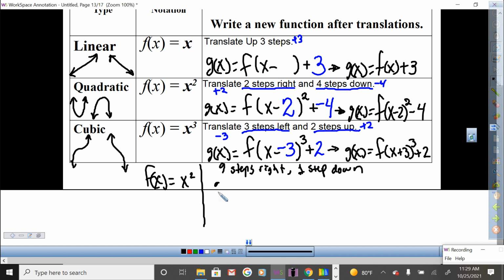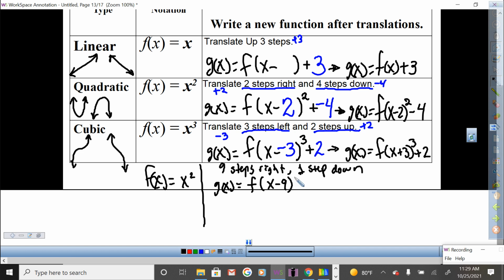Jessica, what do you write? g of x what? f, parentheses. Minus 9.